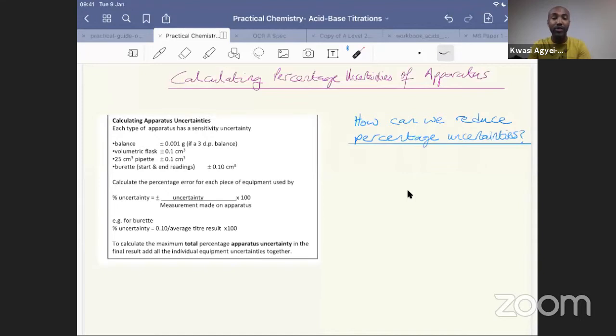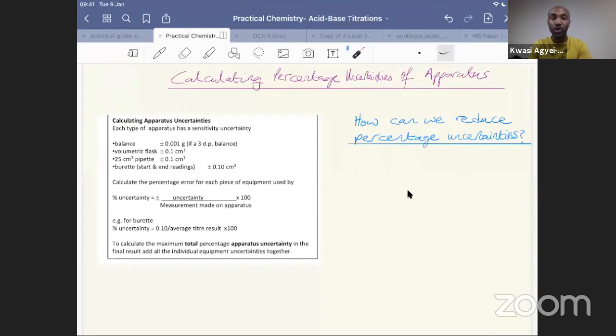Okay, so these are things you need to think about, and it's fairly straightforward to think about it if you consider what will affect that term there and what will affect the bottom term there. So that term there is your choice of apparatus.